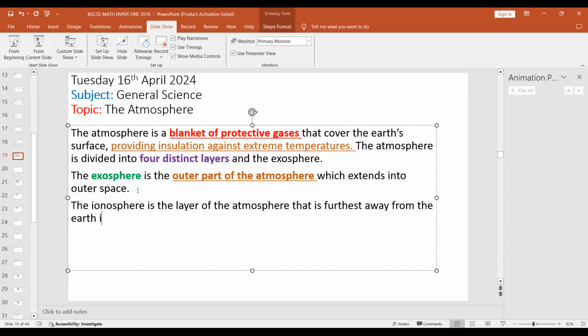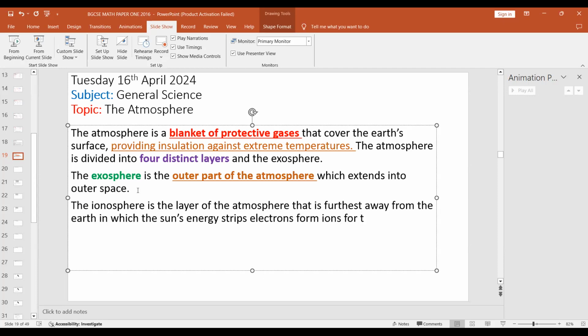In which we could say the sun's energy strips electrons, forming ions.